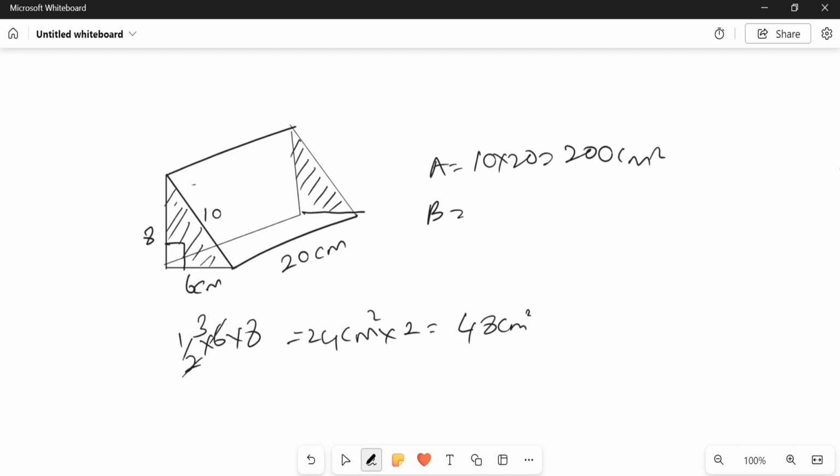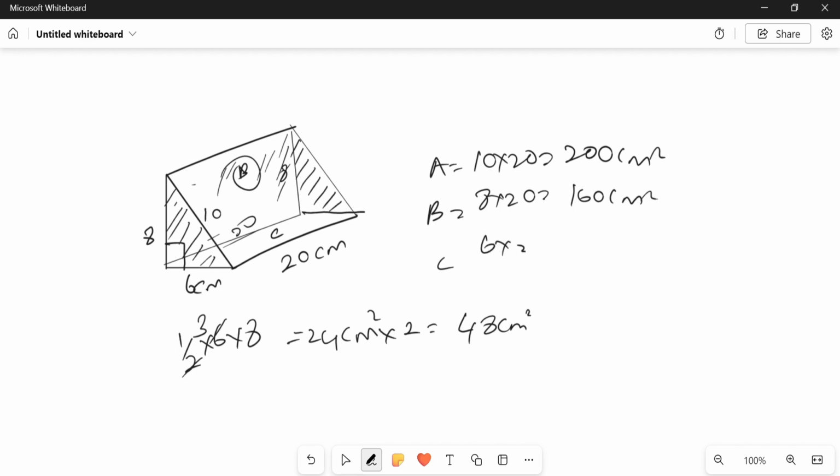Rectangle B, that is the other side. This is A, I am marking this rectangle now. B is 8 into 20. This is 8, this is 20. 8 into 20, 160 centimeters squared. And C is the bottom one.